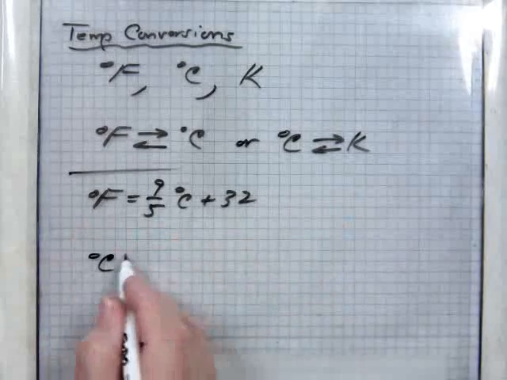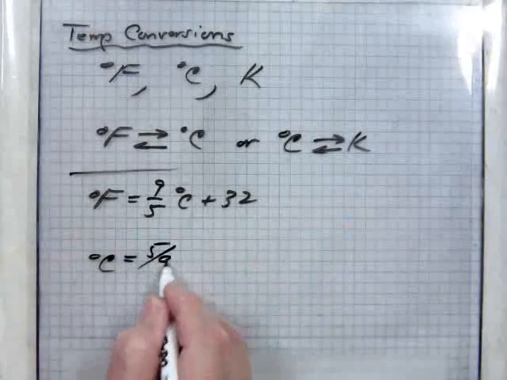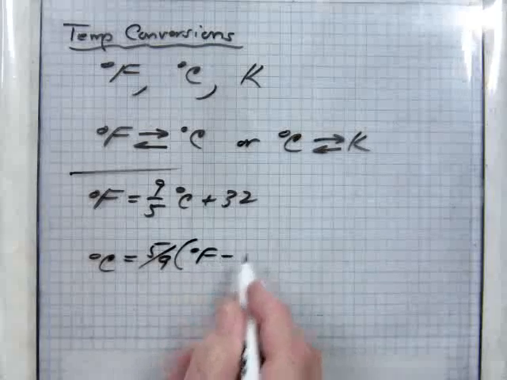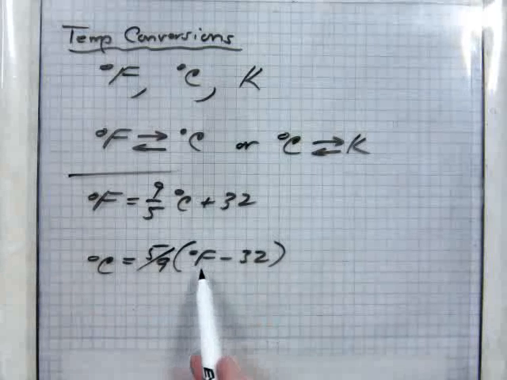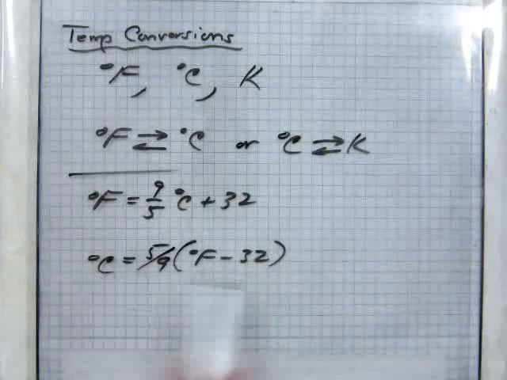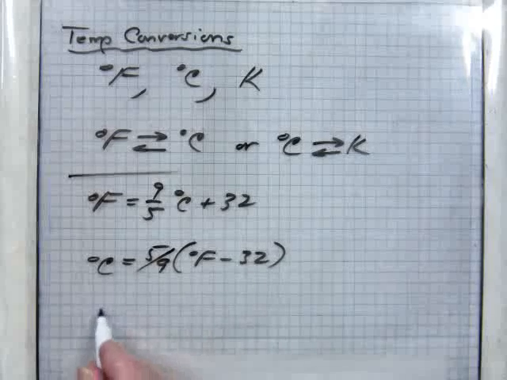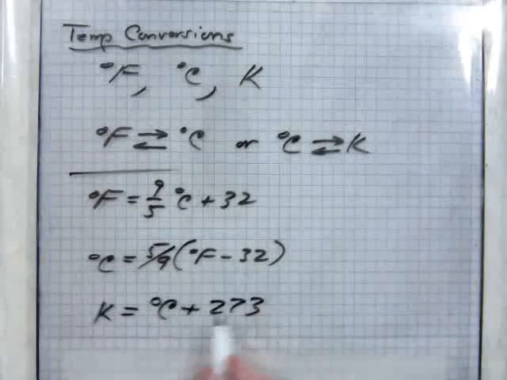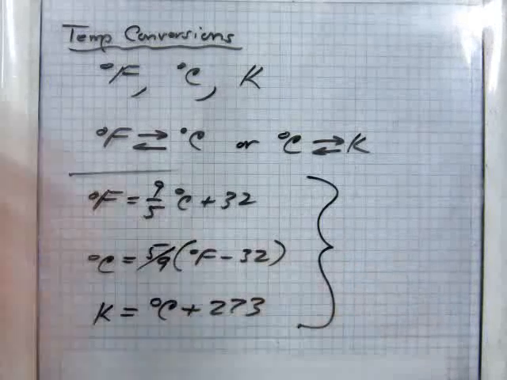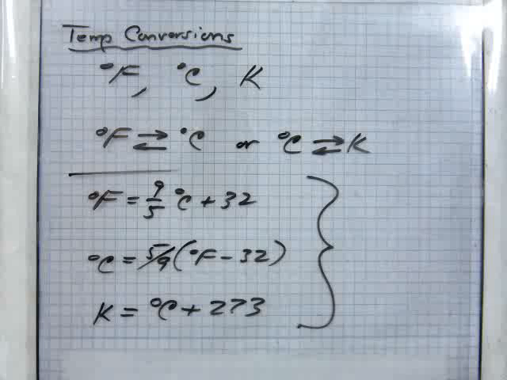Degrees C is 5/9 times degrees F minus 32, but you've got to put the F and 32 in parentheses. So given Fahrenheit, you can go to Celsius using that formula. Or if you want Kelvin, it's degrees C plus 273.